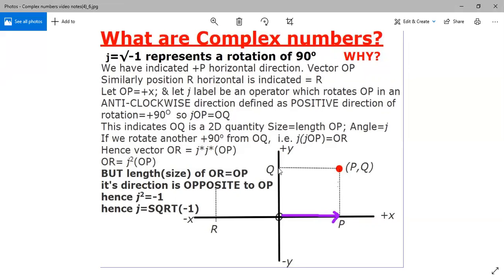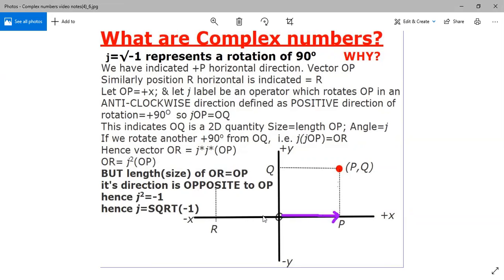If we then take that vector O to Q and rotate it another 90 degrees to get into position R, we've done two 90 degree rotations. So we've got J times J times OP to get to position R. If we compare O to R with O to P, the size of the vector, the length, is the same, but the direction is opposite.